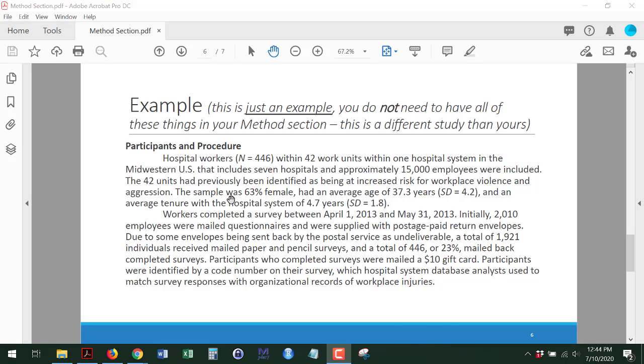I say that the sample had 63% reported female and an average age of 37.3 years. You can see the means and the standard deviations are reported. And then I get into more specifics on the procedure involved. So you can see that I have information on a response rate. I have information on the incentive provided, a $10 gift card.